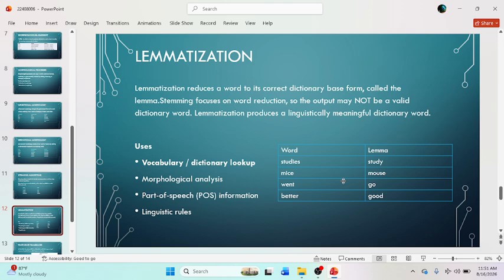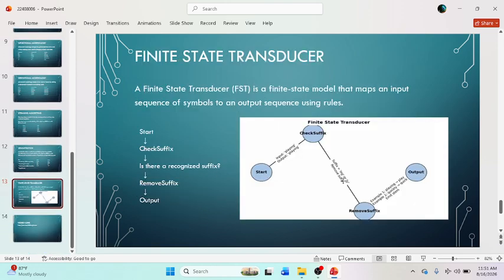Now I am discussing my last topic. The topic name is finite state transducer. A finite state transducer is a model that maps an input sequence of symbols to an output sequence using rules.